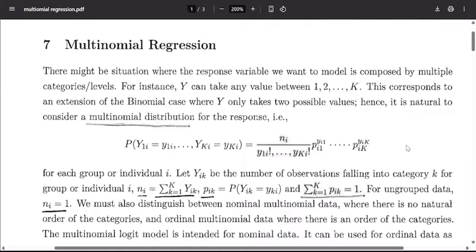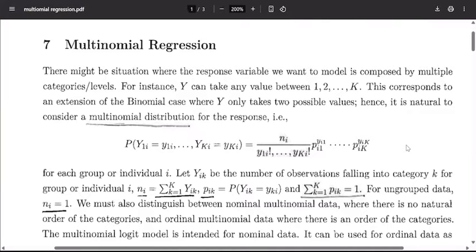When we have more than two levels and they are not ordered, for instance race, or state, or colors, without any ordering and with more than two categories, I'm going to use multinomial logistic regression. But what if I have more than two levels and they are ordered?